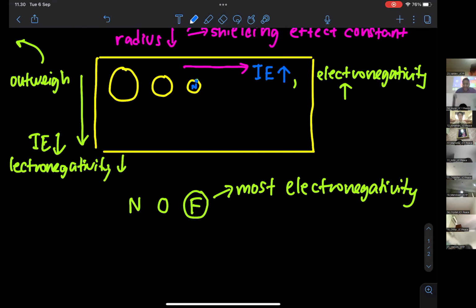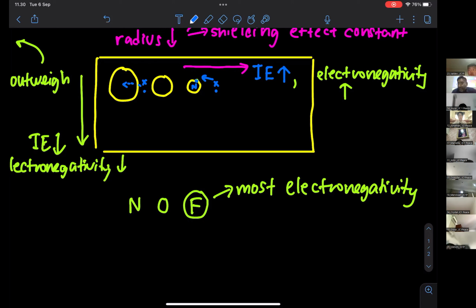It means that if you have a bonding pair of electrons, they can be attracted closely to this atom, rather than to the one on the left, where they are far and there is not as much nuclear charge.